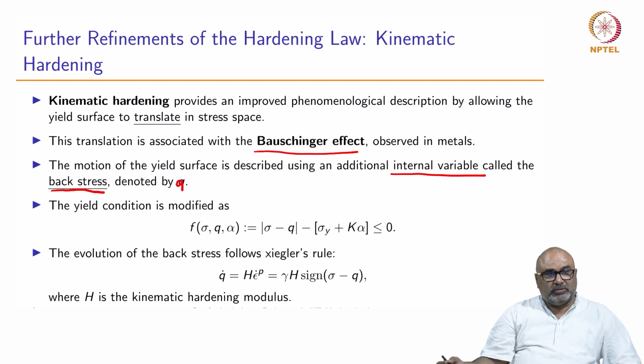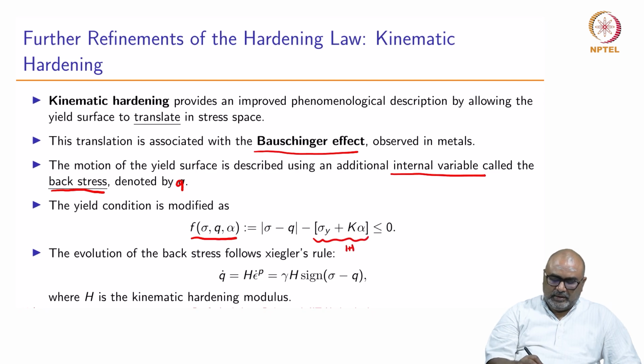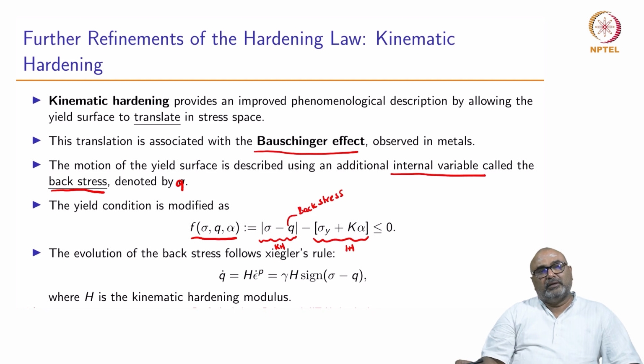So, the yield condition now gets modified to f of sigma, q, alpha, and is defined as follows. This is coming from isotropic hardening, and the shift in the origin is coming from a definition of a back stress q, which is going to modify the origin of the stress state, and that is given by sigma minus q.